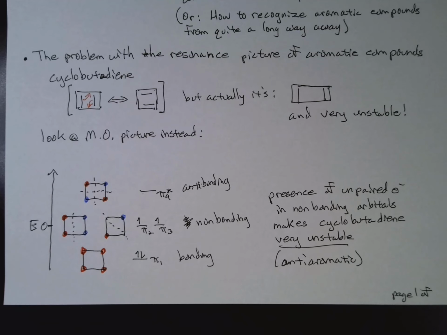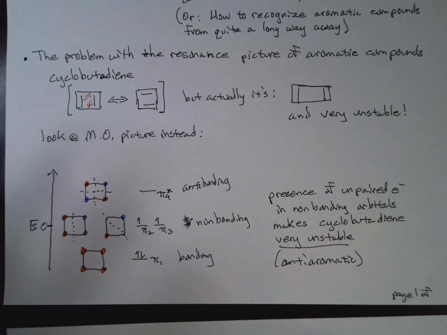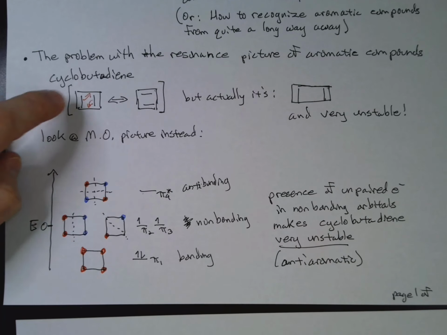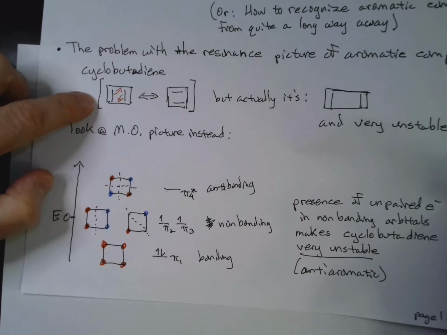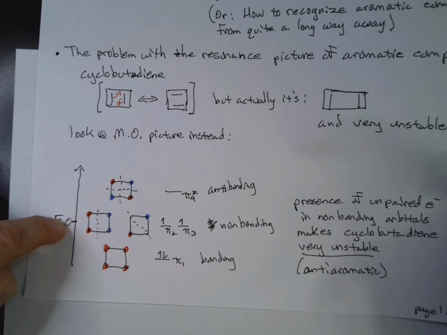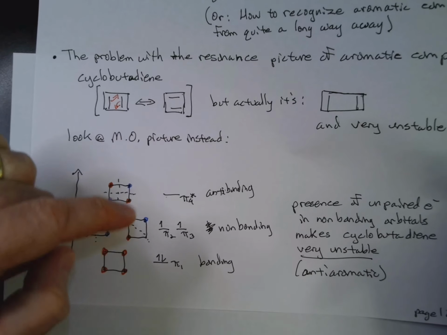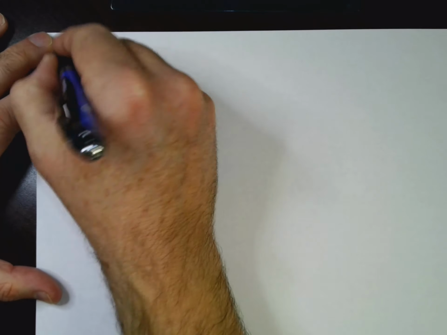All right. Now, what about some other molecules? Okay, so this doesn't work for cyclobutadiene with 4 pi electrons. The resonance picture doesn't work. And the molecular orbital picture tells us that it's not as stable. What about cyclooctatetraene?